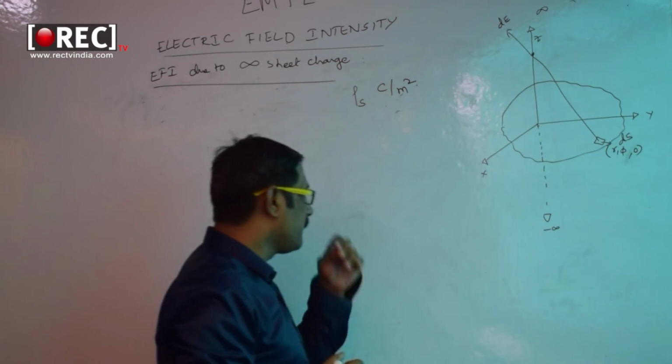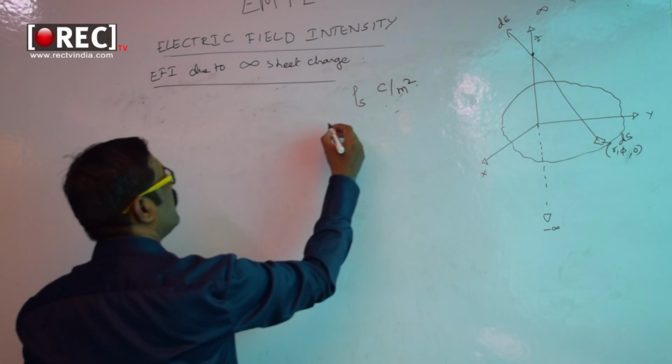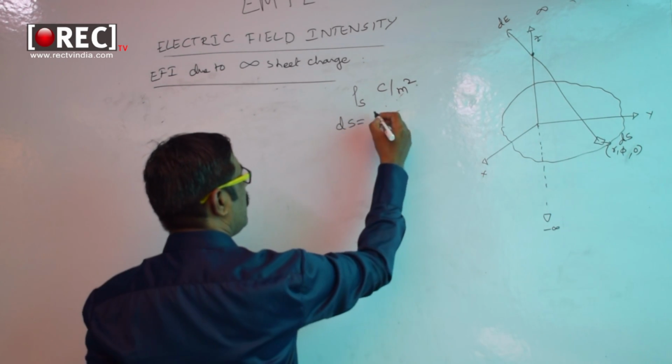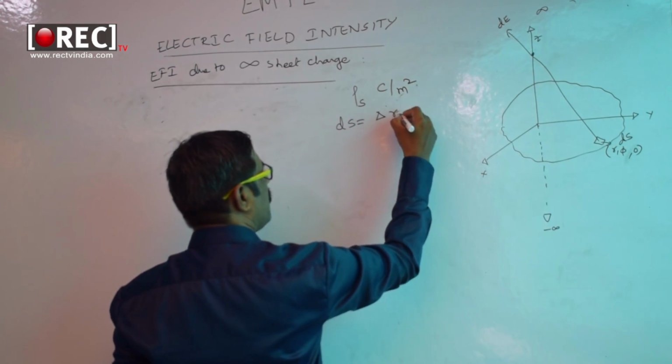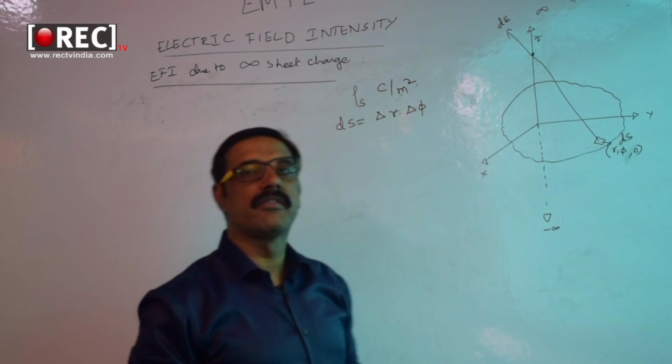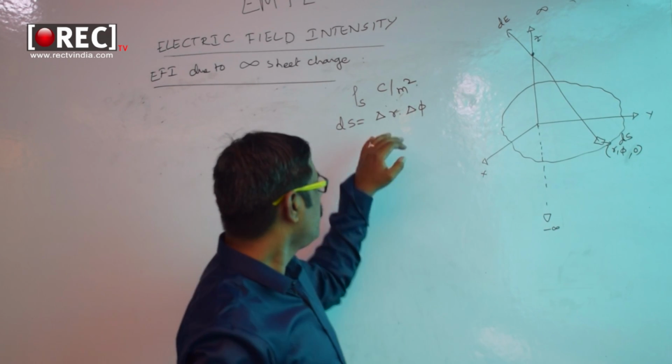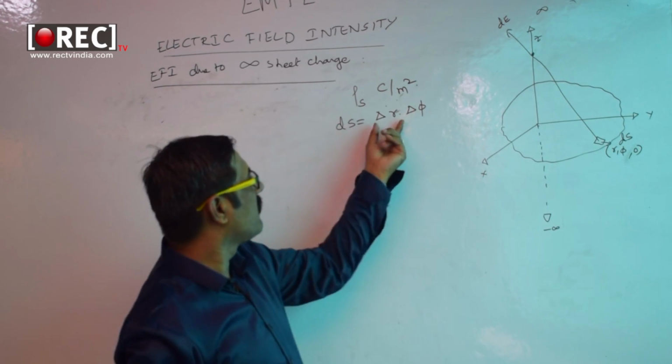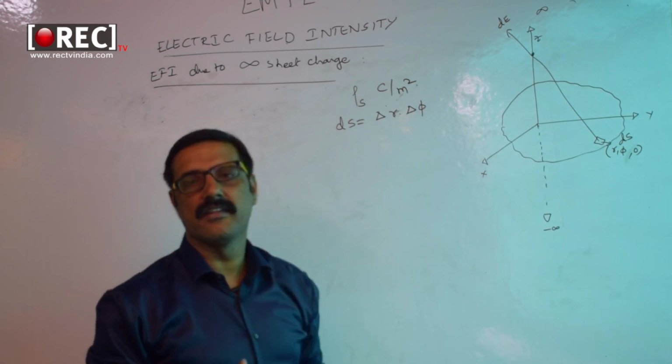Now let me evaluate ds. What is ds here? The surface area is simply delta r into delta phi. We are taking the cylindrical coordinate system for our evaluation. The surface area ds is the increment in r direction into the increment in phi direction.